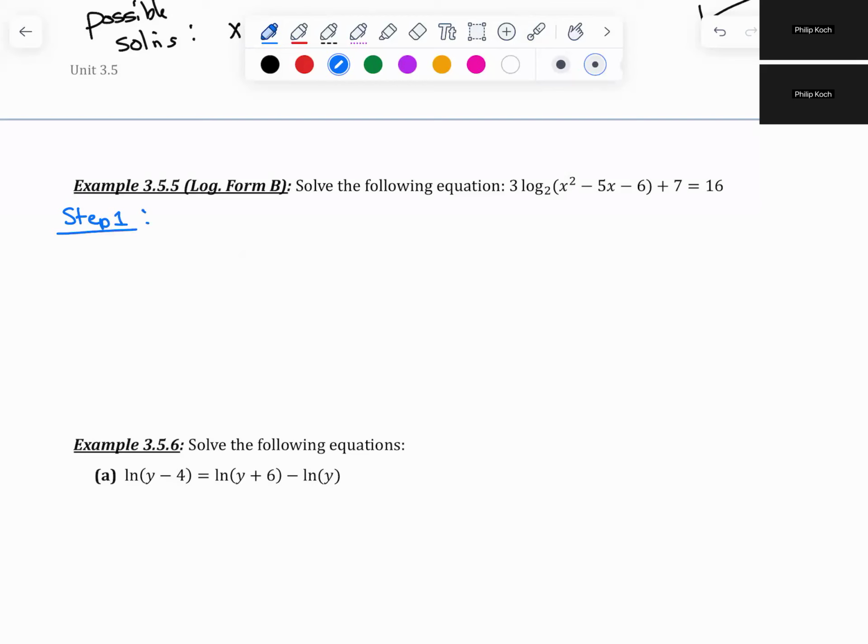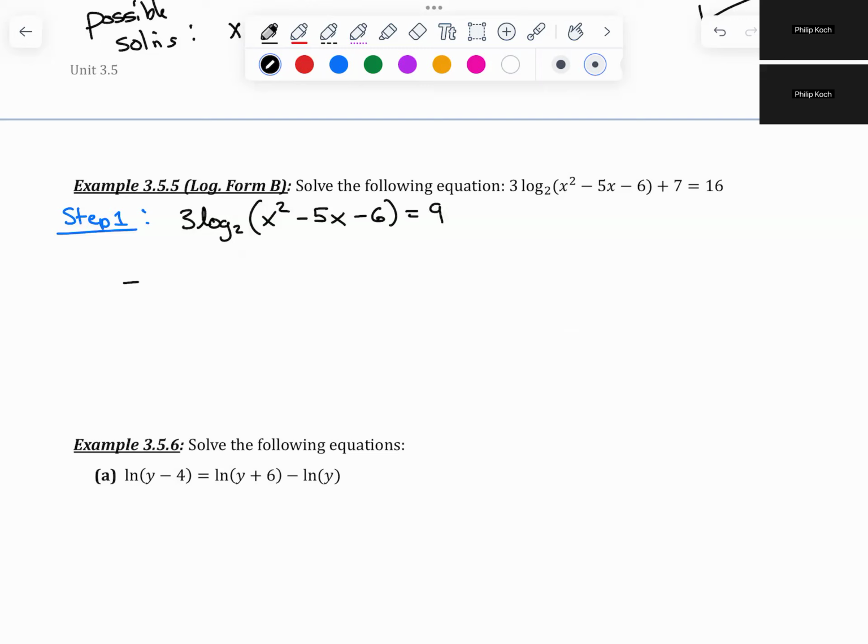Step 1 is to get into the proper format. So I'm going to subtract 7, and that gives me 3 log base 2 of the quantity x squared minus 5x minus 6 is equal to 9.